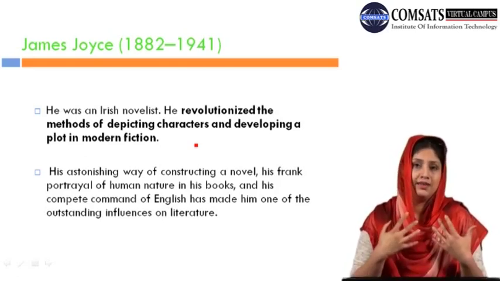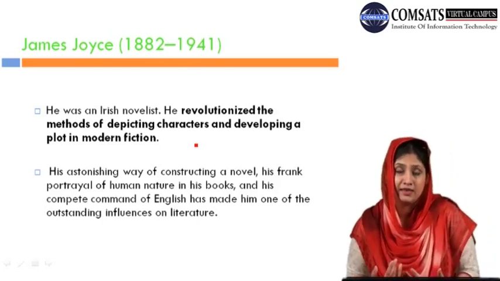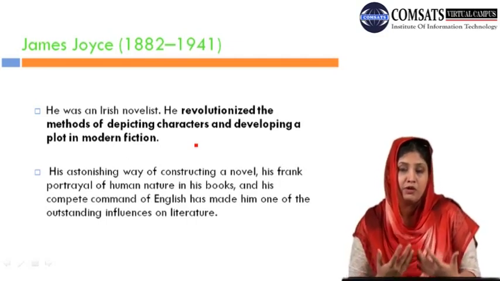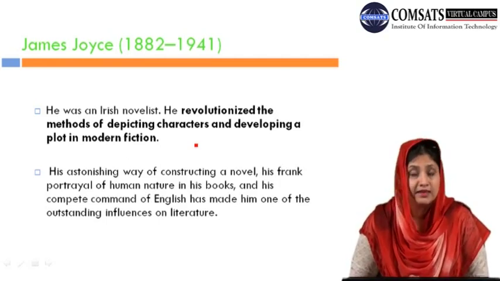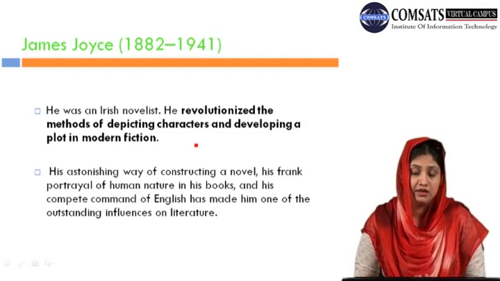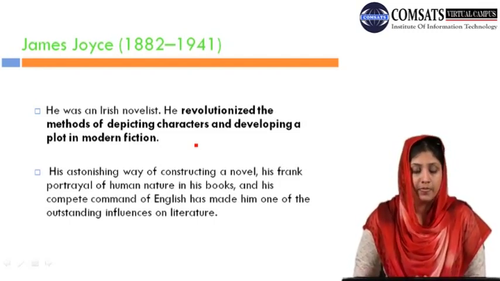Now, how the characterization was before James Joyce and what kind of changes occurred with the revolutionized methodology that James Joyce presented, it's very important to understand that, and what kind of new developments he introduced in the modern fiction's plot.